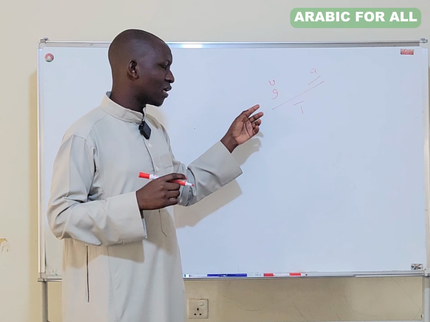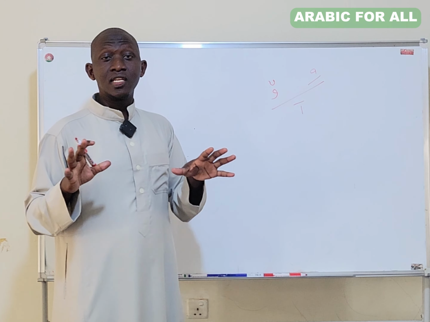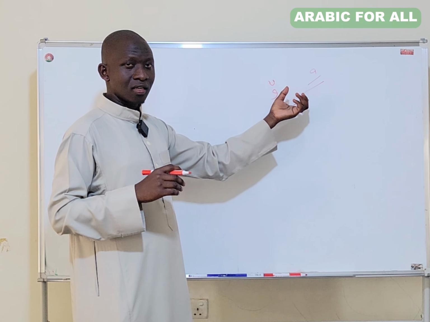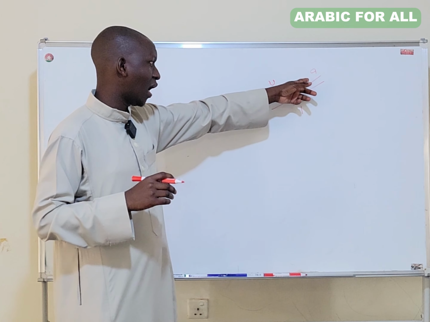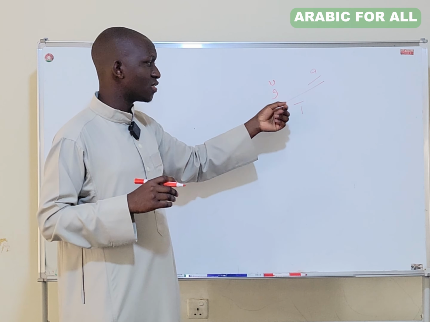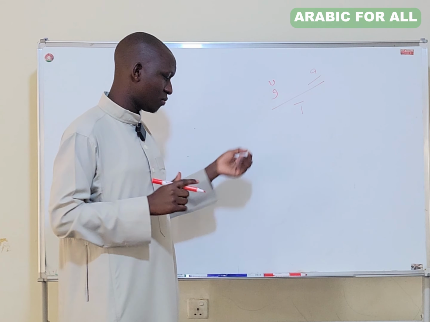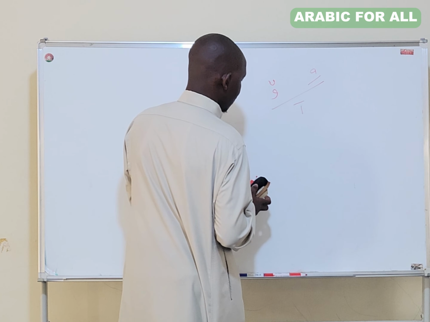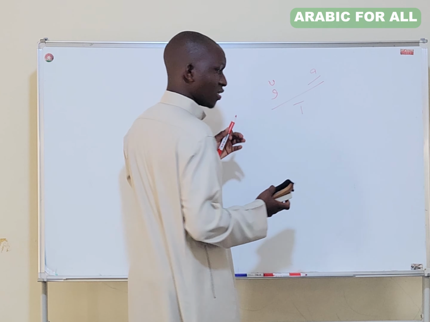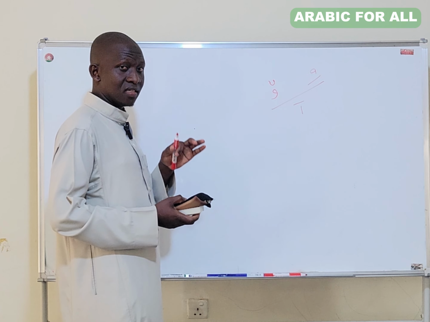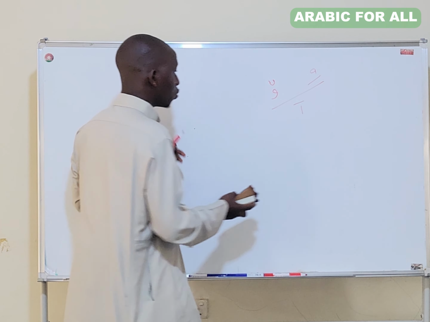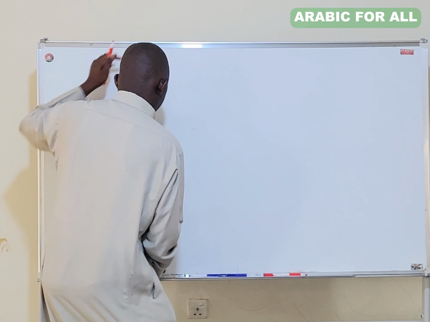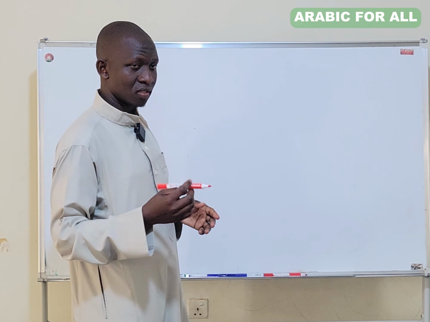Those vowels add up to 10. These three are fatha, kasra, dhamma. When fatha is attached to a letter, it becomes a. When it is kasra, it gives us the e sound, and when it is dhamma, it gives us the u sound.